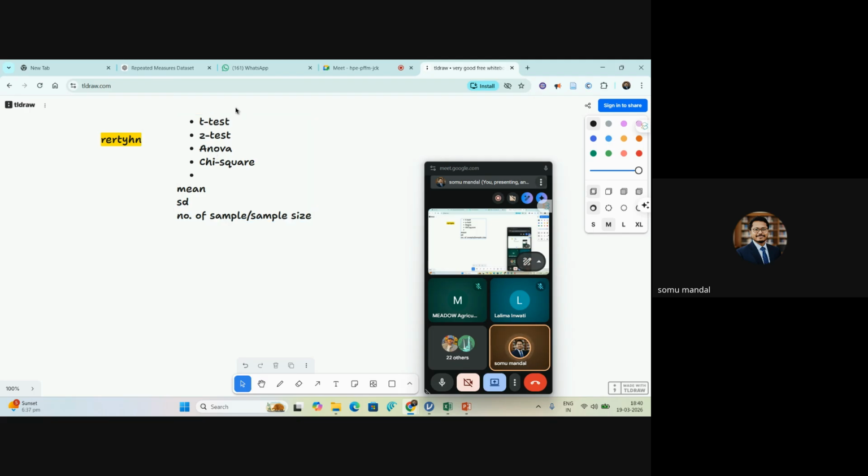In the t-test and z-test, there are only two groups, A and B, for example nitrogen and phosphorus. In the case of ANOVA, a particular group has more than two levels, like three kinds of fertilizers, or three agricultural techniques such as tillage and no tillage, conservation processes like contour bunding, slope bunding, contour ploughing.